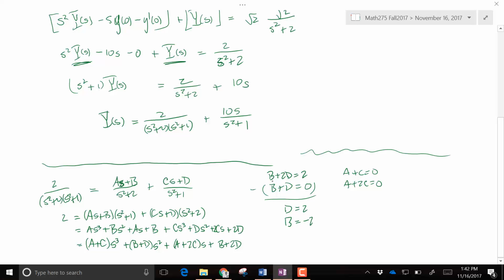So -2, 2, 4, 2, yep. So we got B and D, and I think this is just going to be 0 here. So if we subtract the top, we're going to get C equals 0 and A is equal to 0. So B and D are constants, A and C are 0, so that would make these all linear.